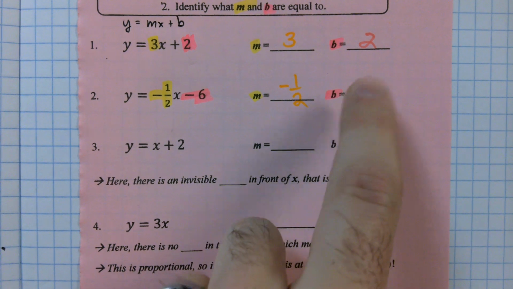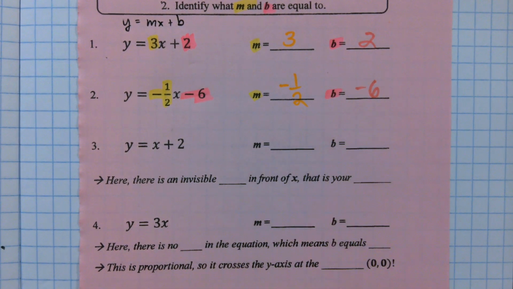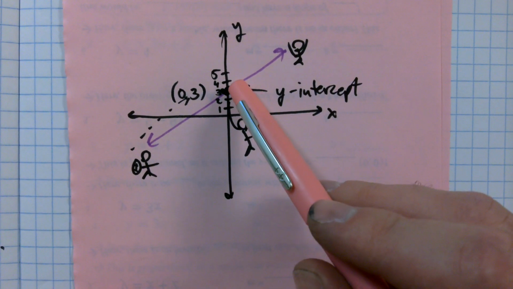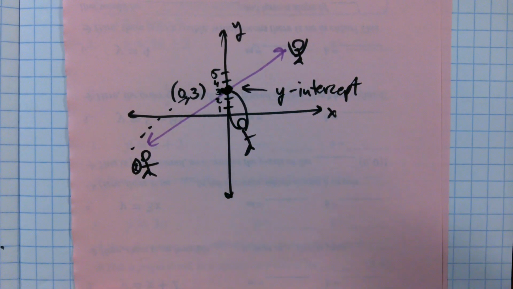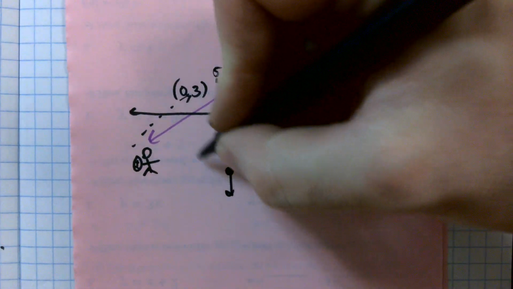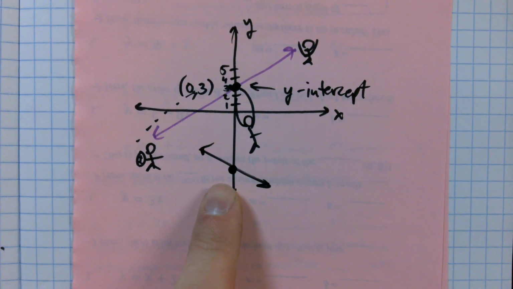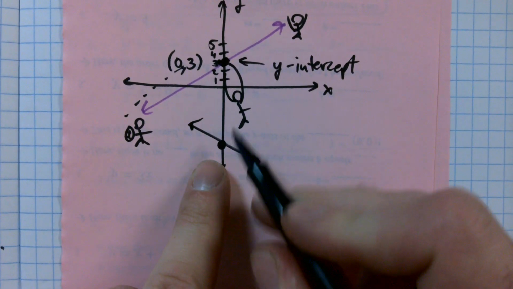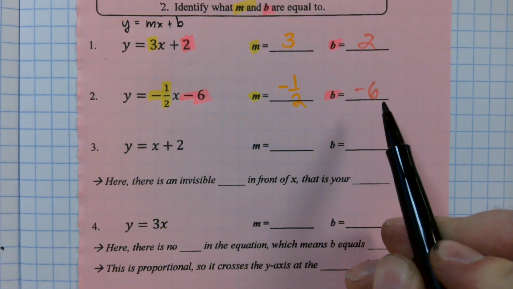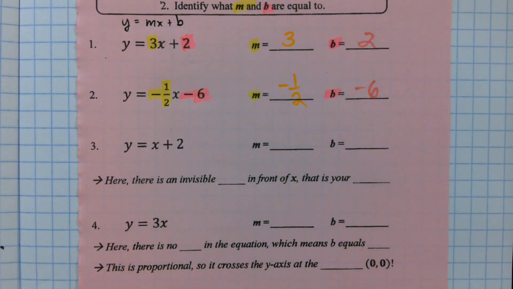So my y-intercept here is negative 6. Jasmine brought something up earlier that was great. She said that my y-intercept here was positive, which is perfect. And we can also have a y-intercept down here that is negative. We could intercept the y-axis below the origin, which would make my b negative, just like that.